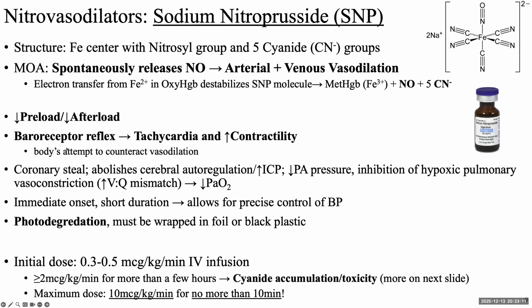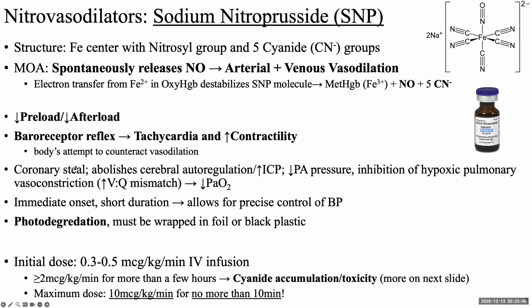Physiologically, we'll see both a decrease in preload and a decrease in afterload because it's a potent vasodilator of both the arterial and venous systems. We'll see baroreceptor reflex activation, so you'll probably see compensatory tachycardia and an increase in contractility as well, which is just the body's attempt to counteract the potent vasodilation that occurs.